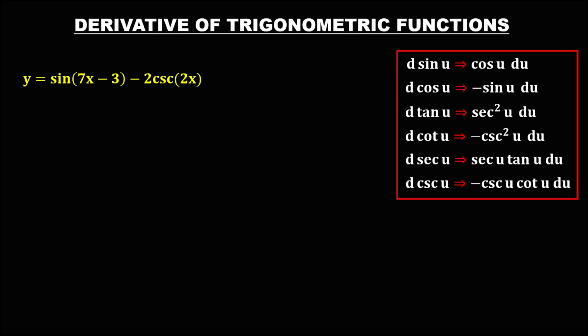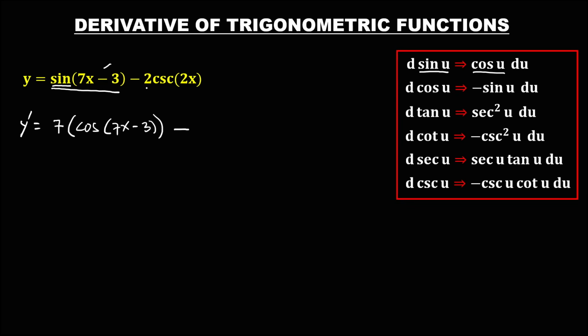Then for this given, to find the derivative, we need to evaluate the derivative for every term. So y prime equals, for this term, the derivative of 7x minus 3 is 7, then times the derivative of sine, and the derivative of sine is positive cosine, so this is cosine 7x minus 3.